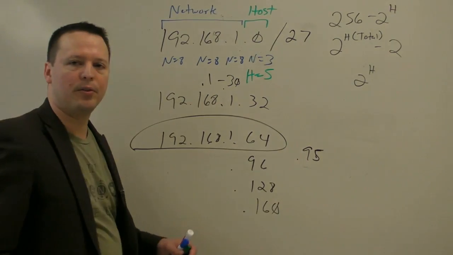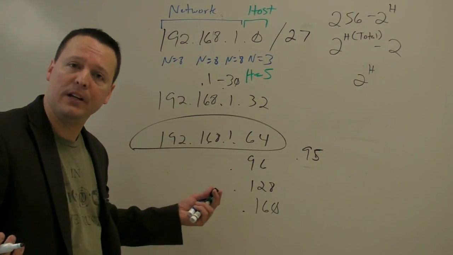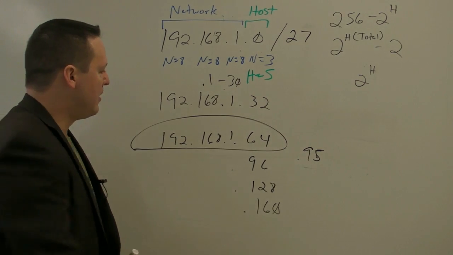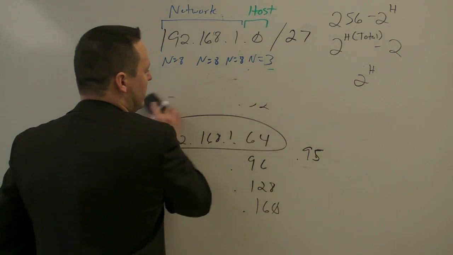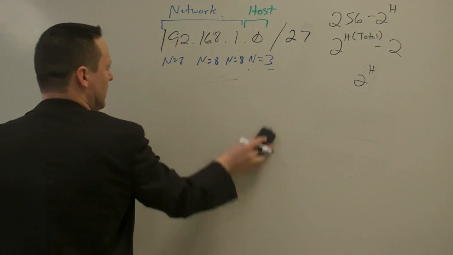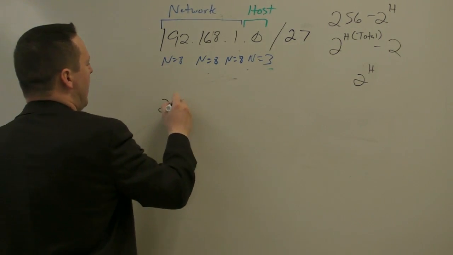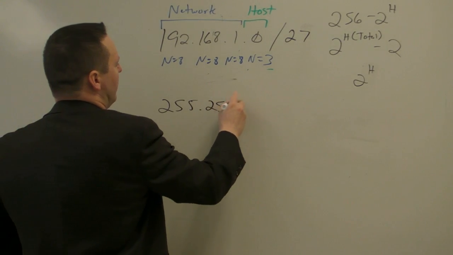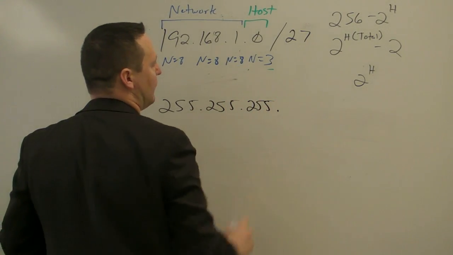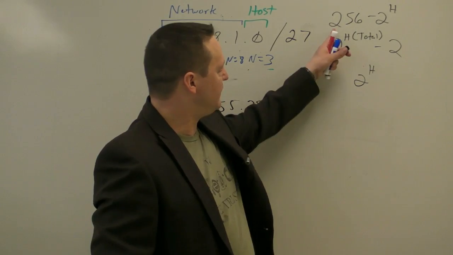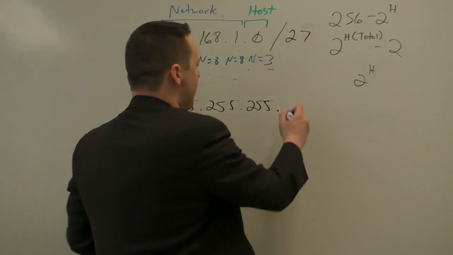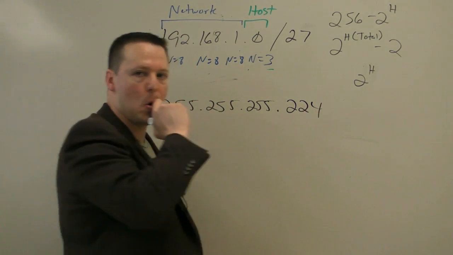I can use 1 through 30, and there are 30 IP addresses that I can use. My new subnet mask is going to be 255.255.255, dot 256 minus 32, 224.